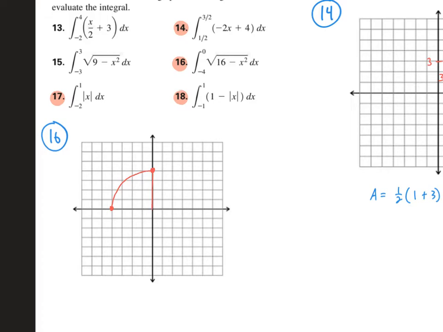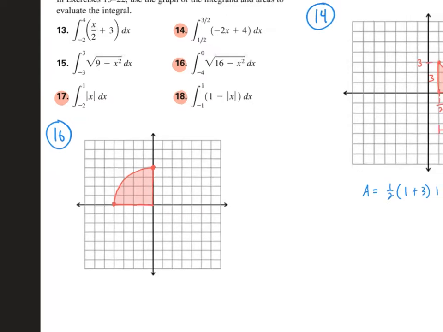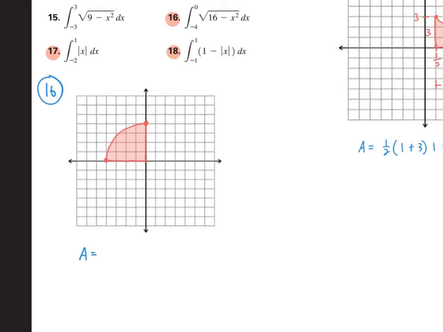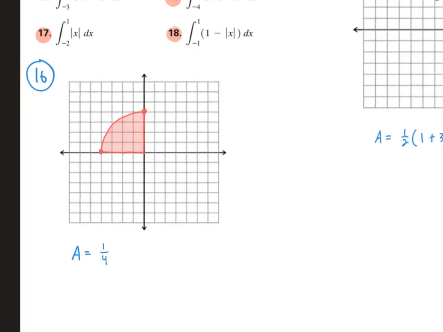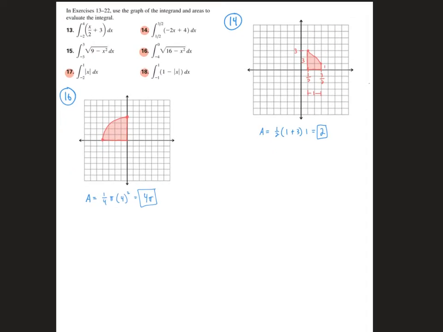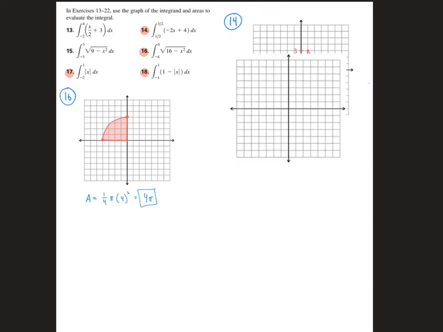And so we're looking for this area. Alright, and then for that we'll just use pi r squared and then divide by 4. So this is 1/4 pi, radius is 4 squared, and that's just 4 pi.